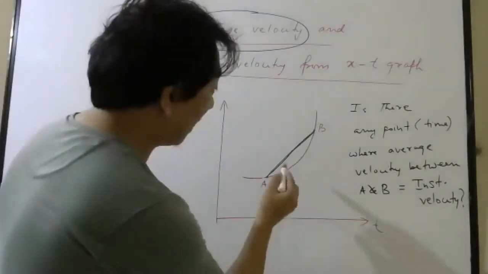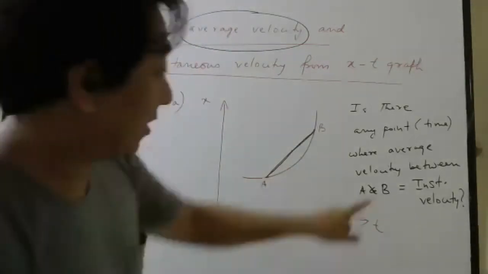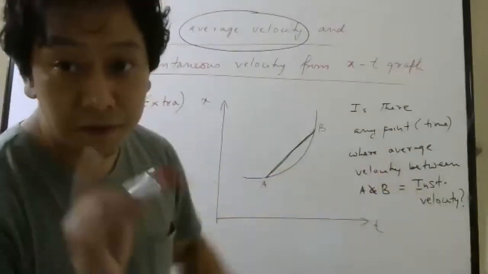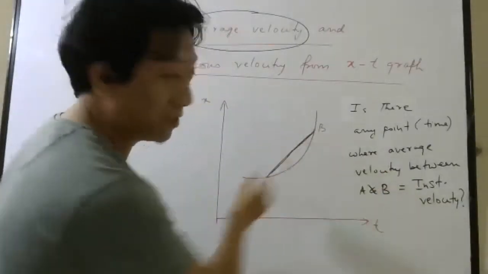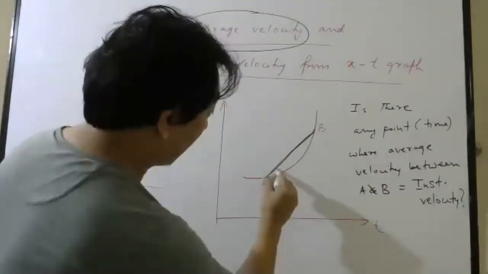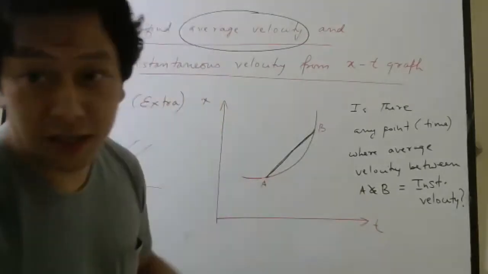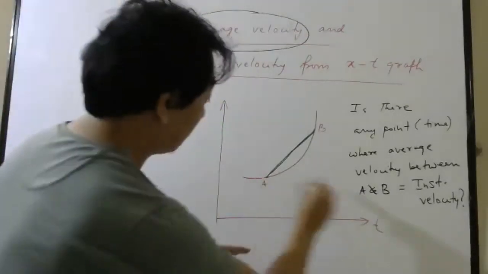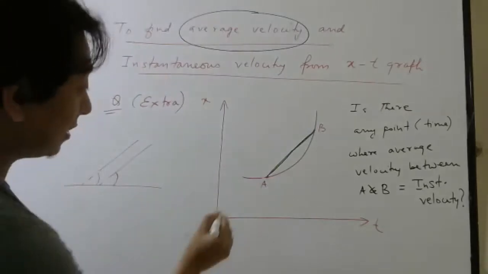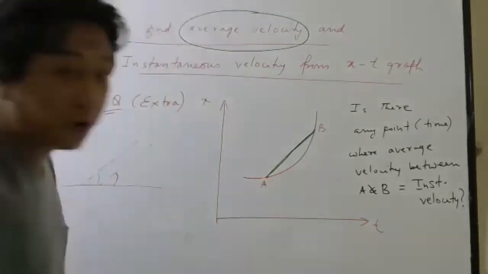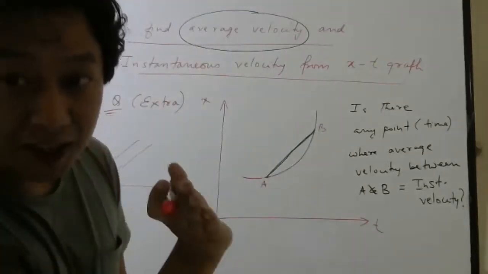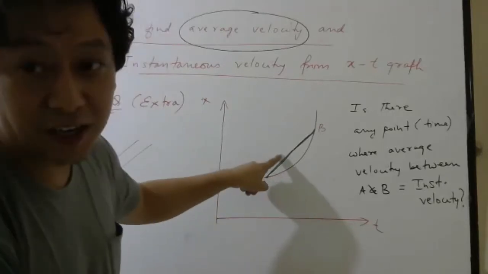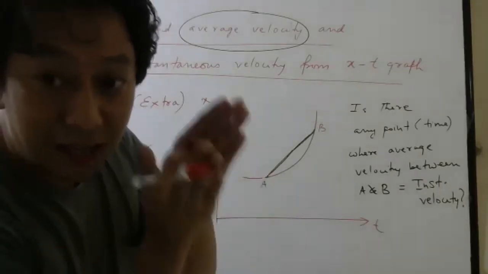So I know that for average velocity, first I have to join these two points and check this angle theta with the x-axis. Here I should say time axis. Now I have to check, is there any point where if I draw a tangent, that tangent and this straight line between A and B are parallel?